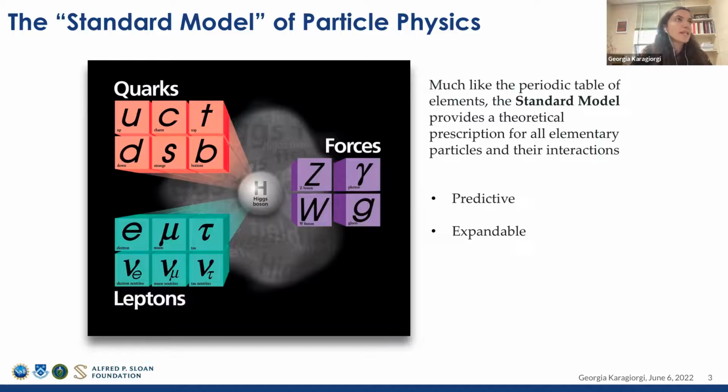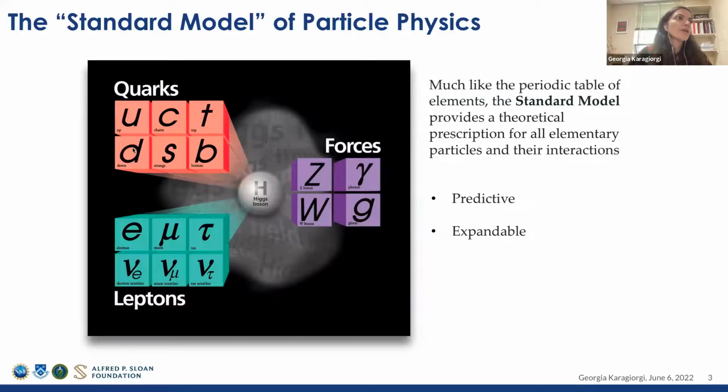And in this standard model of particle physics, much like in the periodic table of elements for the case of chemistry, fundamental or elementary particles are arranged according to their intrinsic properties, their quantum numbers, into different groups.